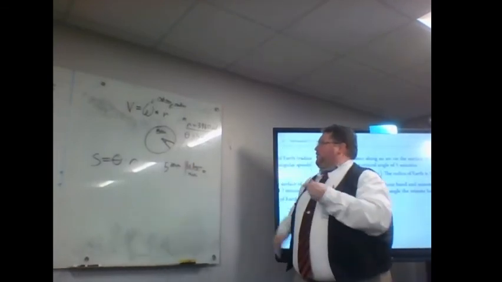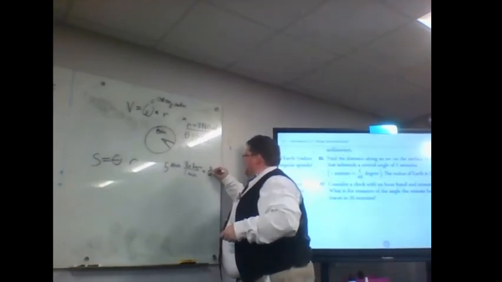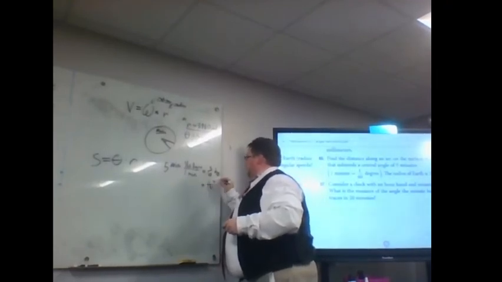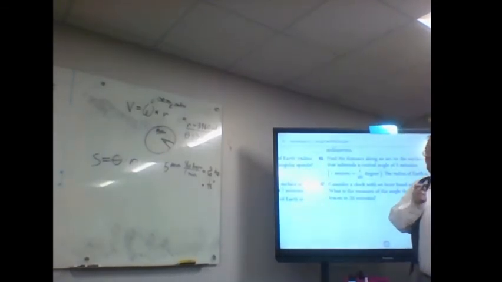And then I would take 5 times 1/60 to get 5/60 degrees, which is 1/12 degrees. So 5 minutes is 1/12 of a degree.